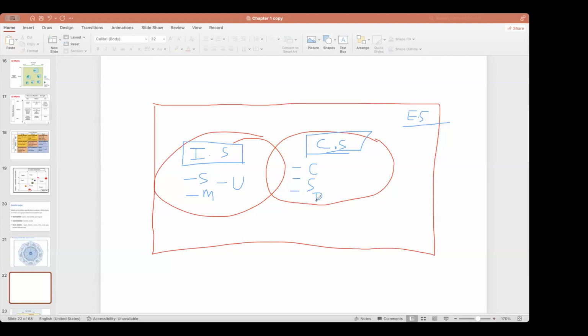And then you have external stakeholders, outside the boundary of the organization, such as the government, pressure groups, the media, and the public. Okay, I hope this is clear.